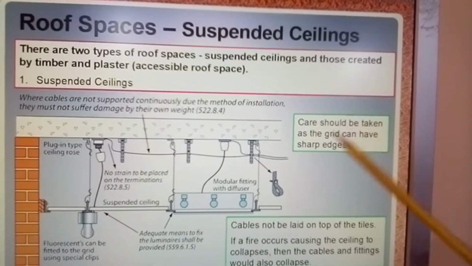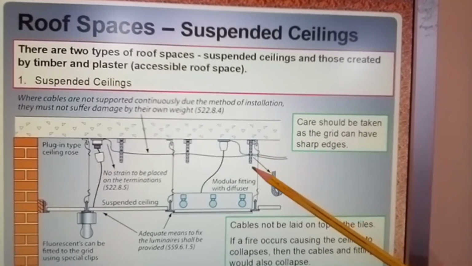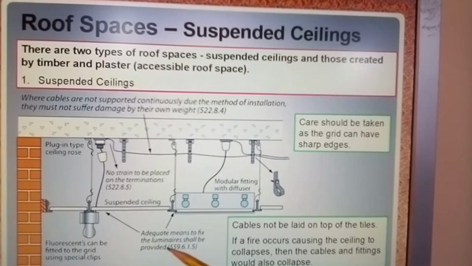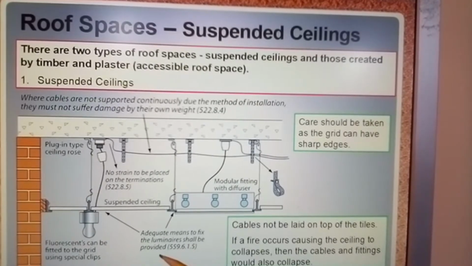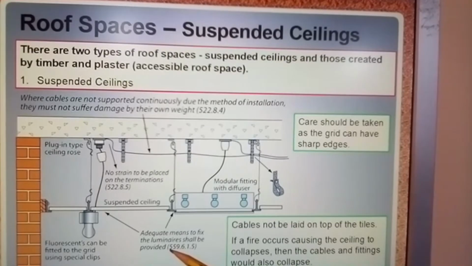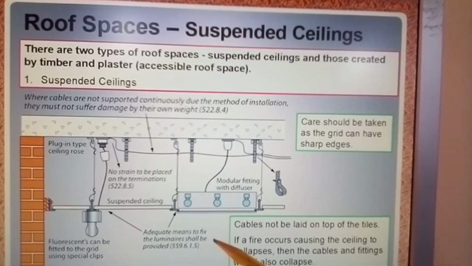Now care should be taken as the grid can have sharp edges, okay. So you need to be aware that when you're pulling your cable that you're not causing a problem. And again, here adequate means to fix the luminaires shall be provided. Again, check the IEE regs at that current point in time, okay. It is currently the 18th edition of the IEE regs, okay.